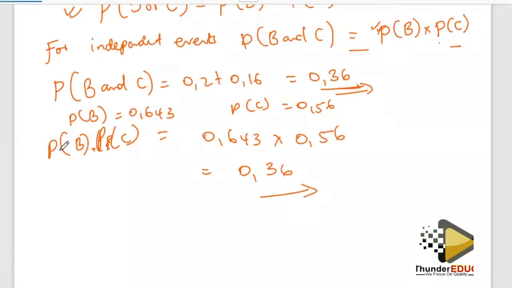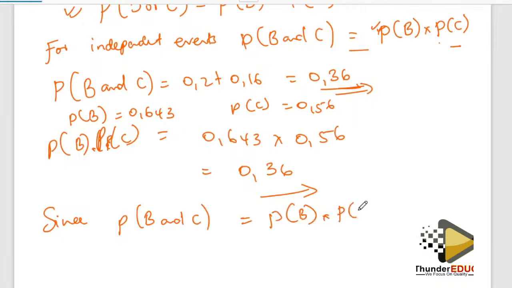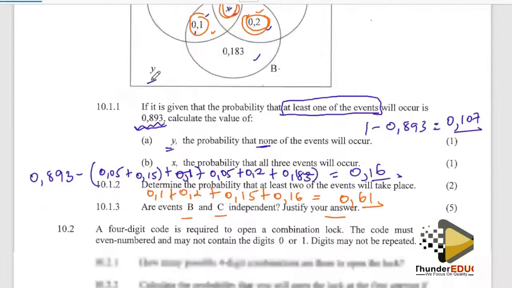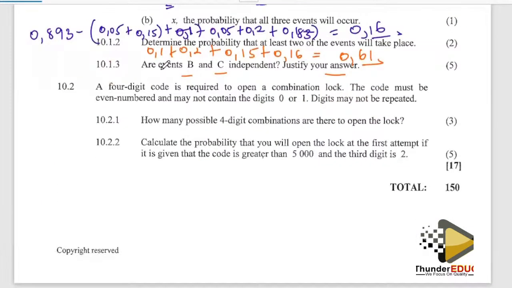So we shall say since the probability of B and C is equal to the probability of B times the probability of C, therefore B and C are independent. All right, so that is question number 10.1.